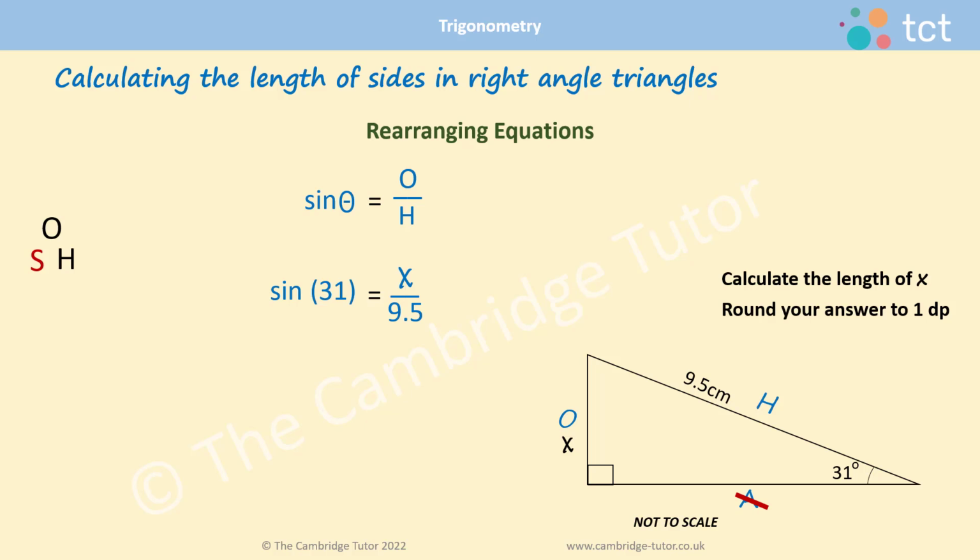Once again, we need to get that x on its own, so we multiply it by 9.5, and we do the same with the other side. We now have x on its own on this side, and on the other side we have the sin of 31 multiplied by 9.5. Put that into your calculator, you'll get 4.8928, etc., which you're rounding to one decimal place. So that's 4.9 centimetres.